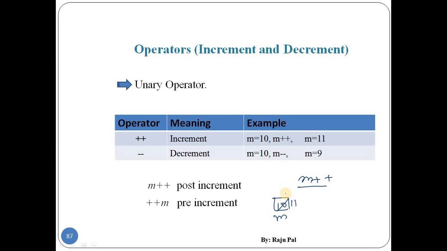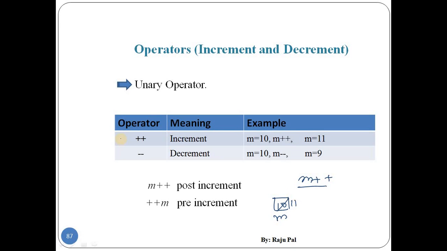That's why it only requires one operand. It will not wait for another operand to store the computed results. Okay, it will just apply the operation, modify the result and store it on the same location where m is stored. Similarly with the decrement operator.